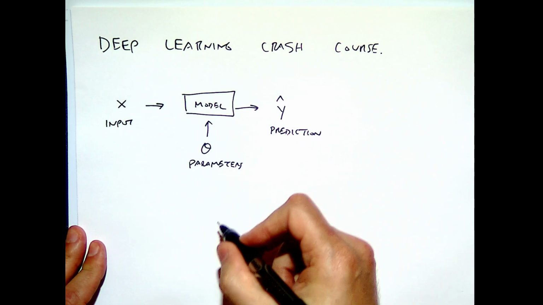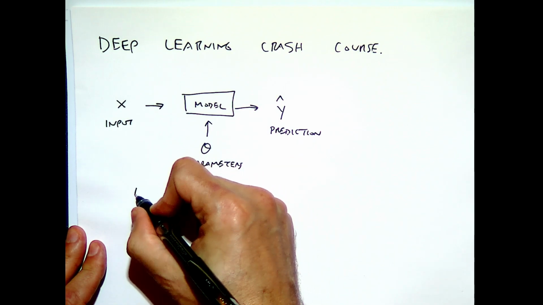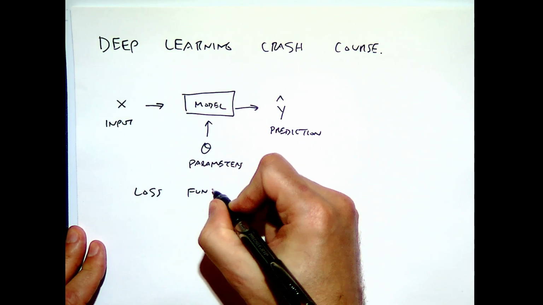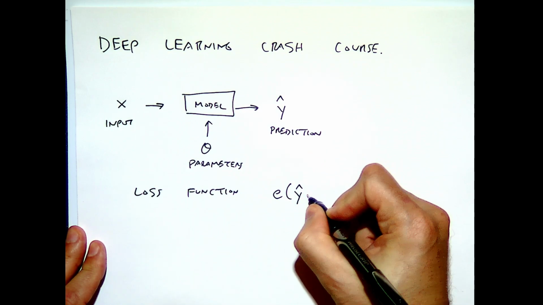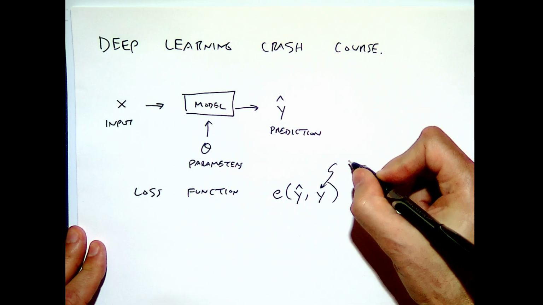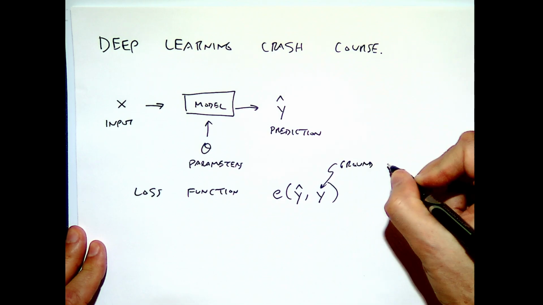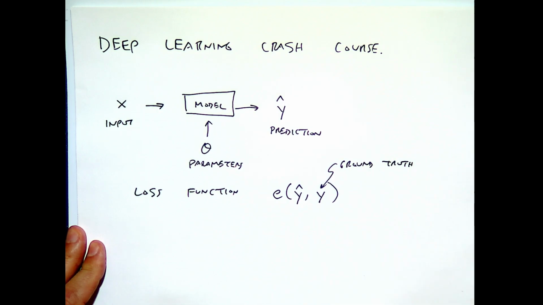And then we have a loss function, which relates the predictions to the ground truth, right? And our goal is to find the parameters theta that minimize the error, or come close to minimizing the error.